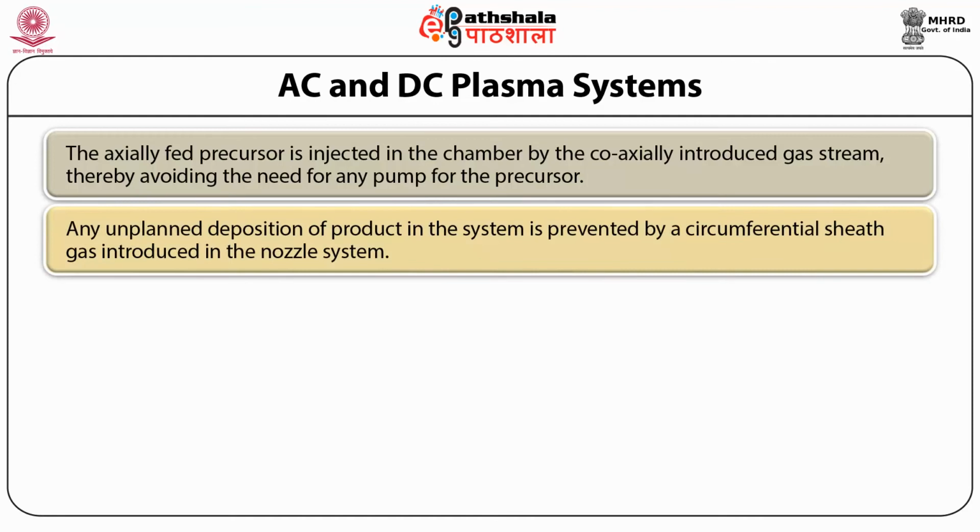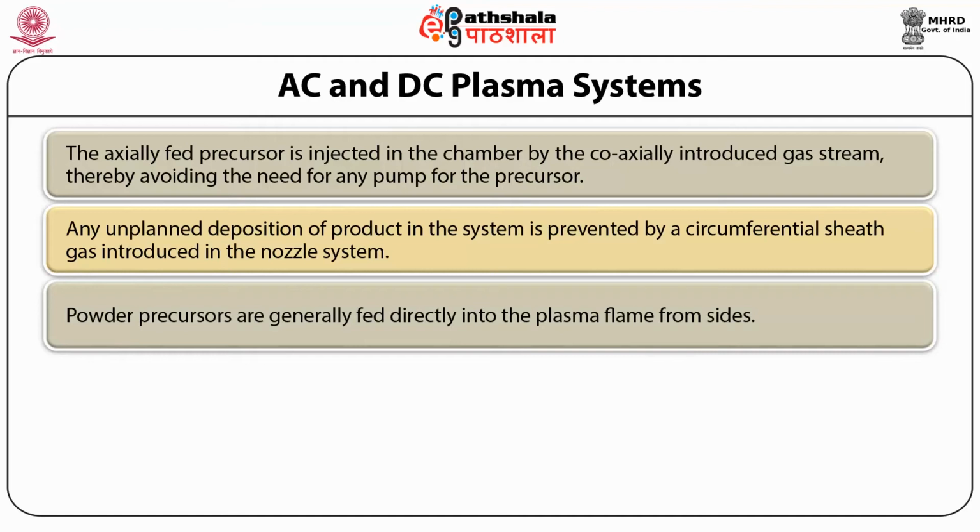Any unplanned deposition of product in the system is prevented by a circumferential sheath gas which is introduced in the nozzle system. Powder precursors are generally fed directly into the plasma flame from the sides.